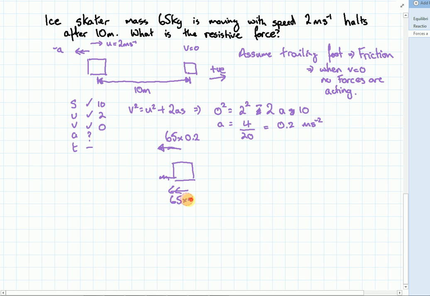So the resistive force is the mass, 65, times the acceleration of 0.2, which is 13 newtons backwards.